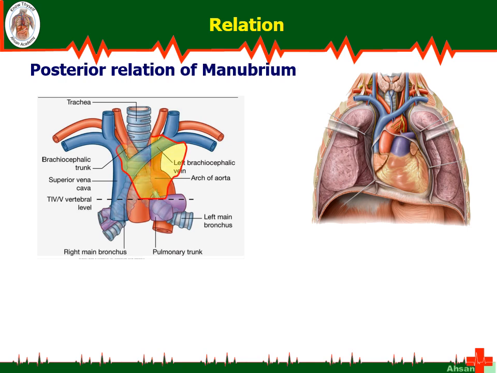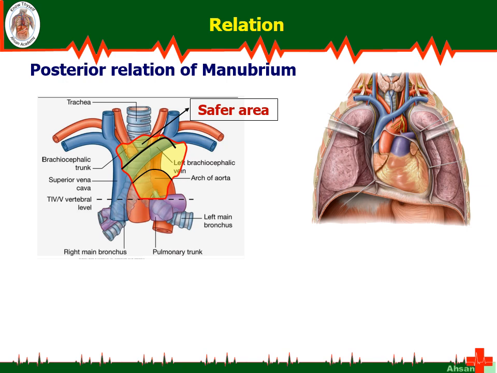I'm drawing manubrium sterni in front of there, and you can see as a shape the structure behind the manubrium sterni. These lines are marking the arch of the aorta, and this is brachiocephalic vein on the left side. So left brachiocephalic vein.